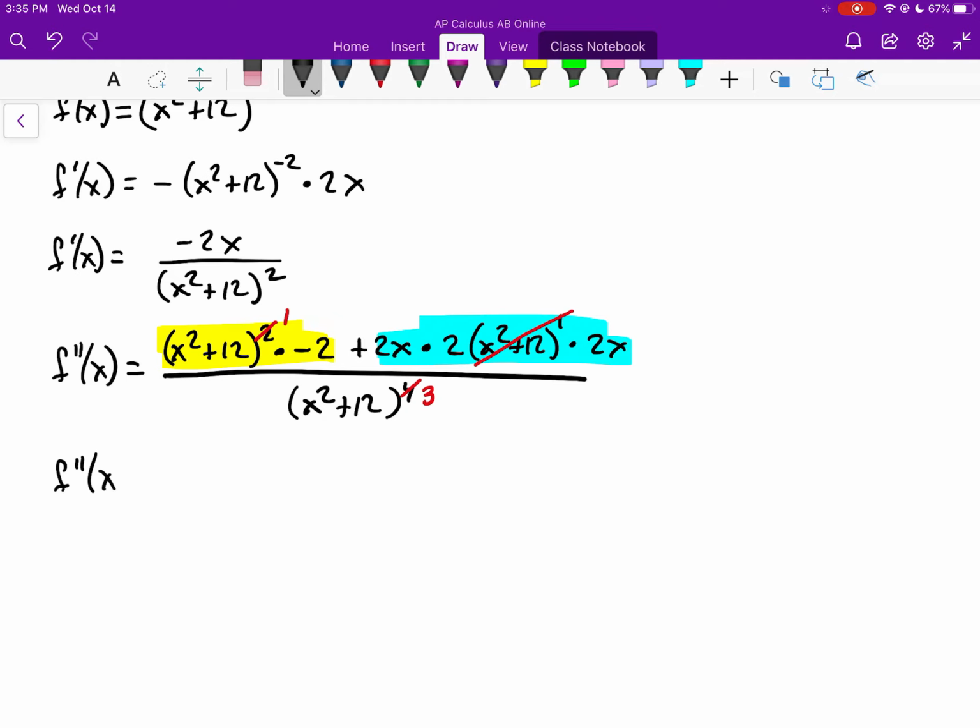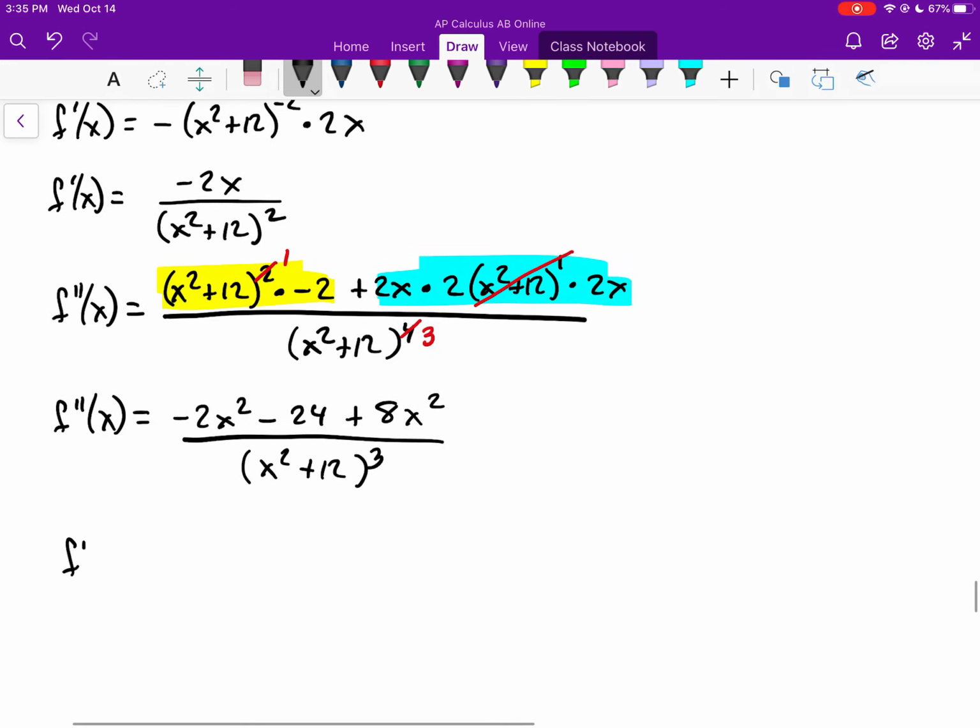At this point, I have my second derivative. I can take my negative 2 and multiply it through the yellow part. I get negative 2x squared minus 24. For the blue part over there, I have a 2x times a 2 times a 2x. That over there is going to be an 8x squared. And this is all over the x squared plus 12 cubed.